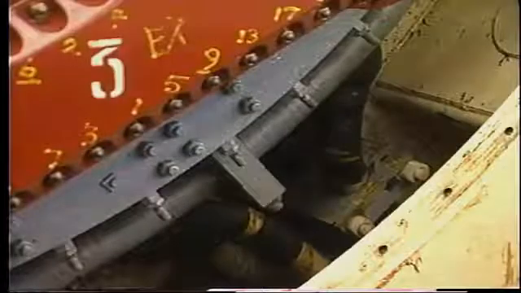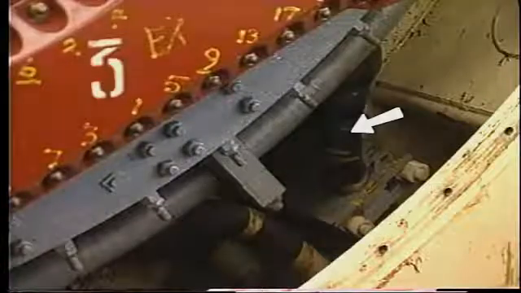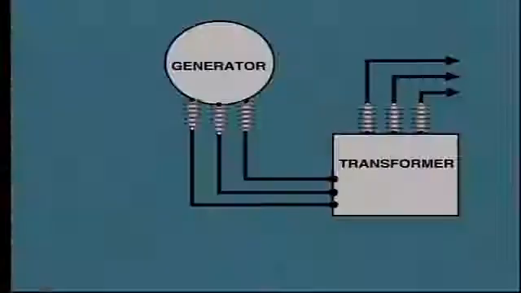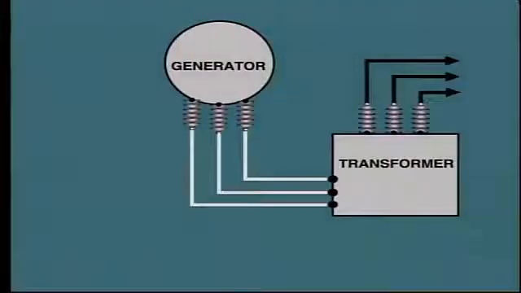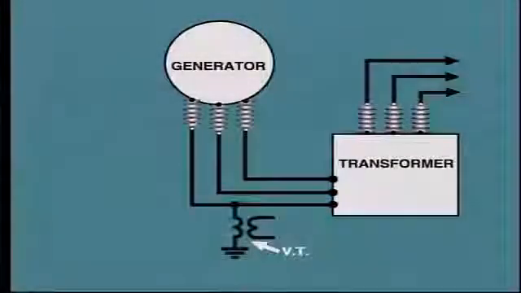The stator windings are connected to the terminals, usually located at the bottom of the generator. Outgoing conductors are connected to these terminals in order to carry power to a bus or a power transformer, and perhaps to an auxiliary transformer. Voltage transformers, or VTs, are also located close to the terminals to provide input to the generator voltage control system.